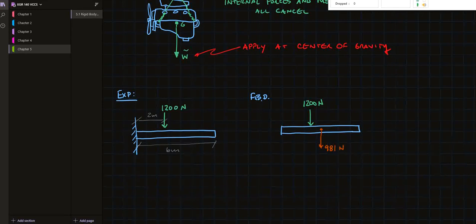We'll put that in the center of gravity on the beam, so that's going to be dead center in the beam, over here. So an assumption we'll make really is that this is applied at the center of the beam, even though it's drawn on the top of the beam.